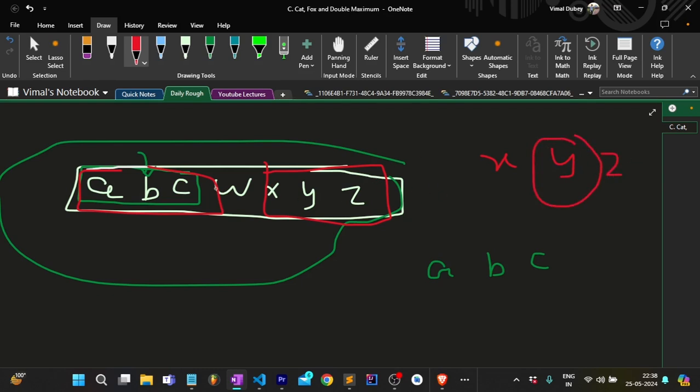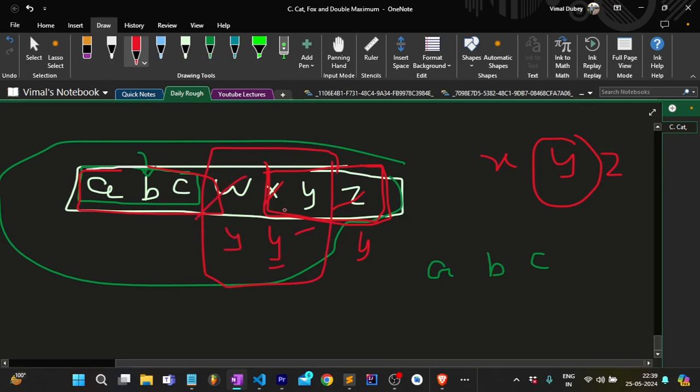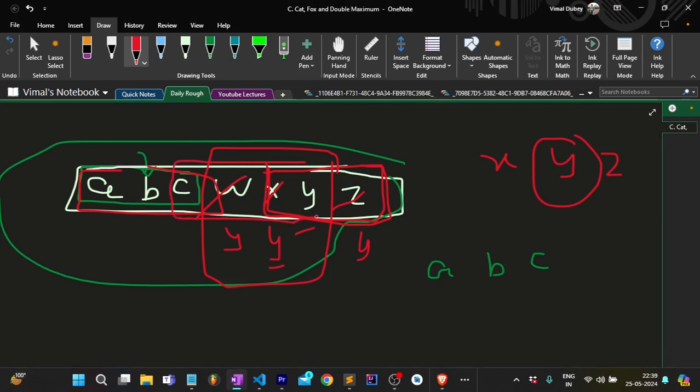I will choose these 3 elements, so all will become Y, because Y is the median. Now choose the next 3 elements. Y is appearing 2 times out of 3, so Y will always be in the mid, so W will also be converted to Y, because Y is also the median of these 3 elements. In this manner we can convert all the elements to Y.